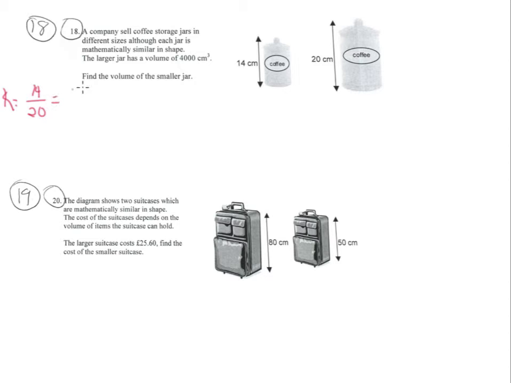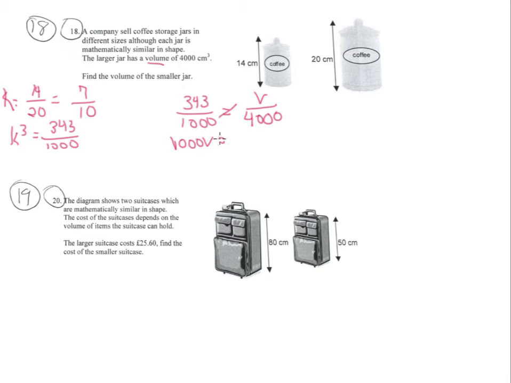Okay, question number 18. K is 14 over 20, which simplifies to 7 over 10. So K cubed, since we're dealing with volume, is 343 over 1,000. Simplifying this down, we get 343 over 1,000 is equal to V over 4,000.